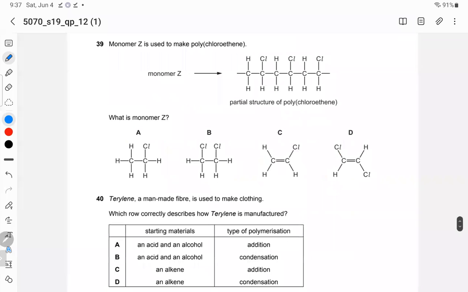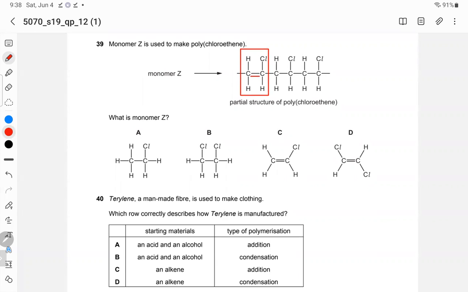Question number 39. Monomer Z is used to make polychloroethene. What is monomer Z? Yes, who can identify the monomer Z? C. Okay, very good, Riza. So see over here, this is the repeat unit, and we have to put a double bond in the repeat unit to form a monomer.